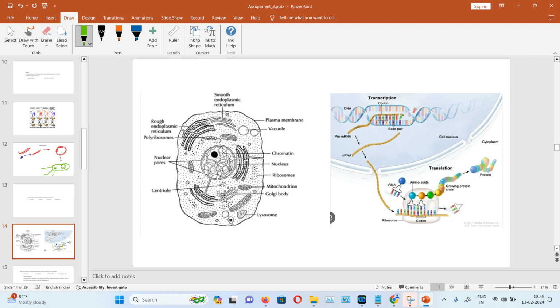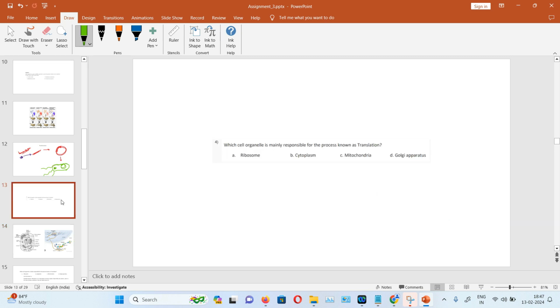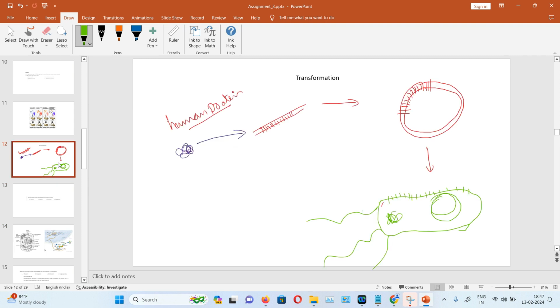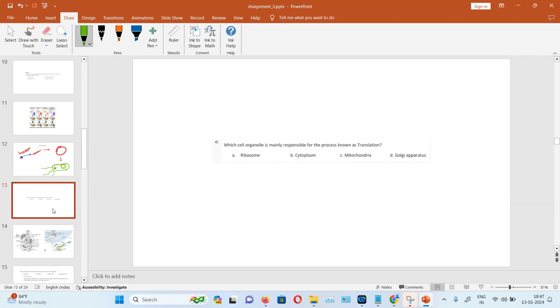And this decoding and combining of amino acids to form a particular protein happens on the cell organelle called the ribosome. So here we can understand which organelle is mainly responsible for the process known as translation.